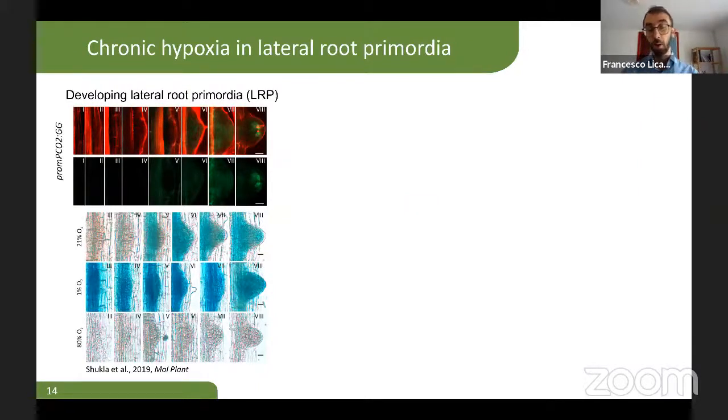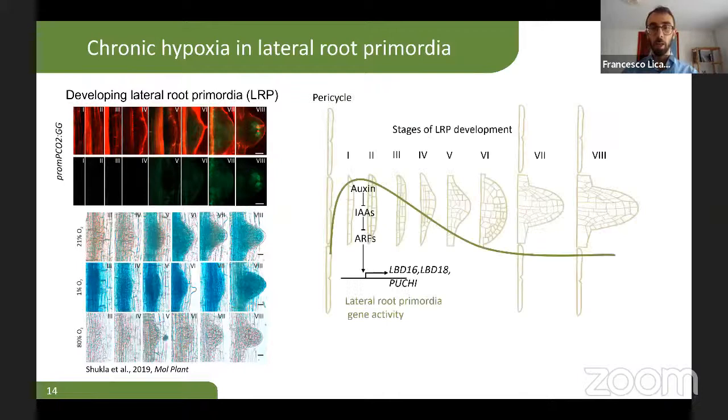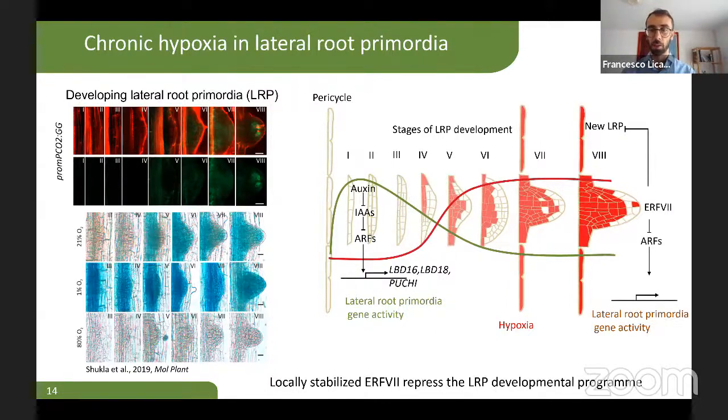And cutting a very long story short, we believe that the increase in cell proliferation caused by auxin signaling, when the primordium needs to be established from the pericycle, is leading to an establishment of hypoxia and activation of ERFVII activity.